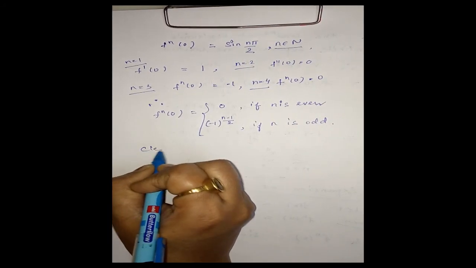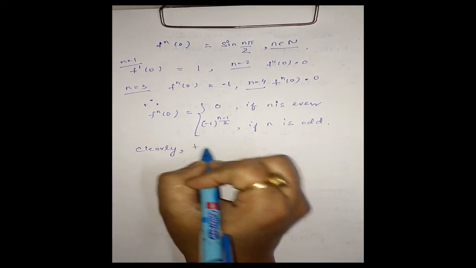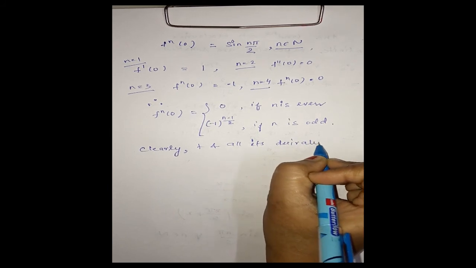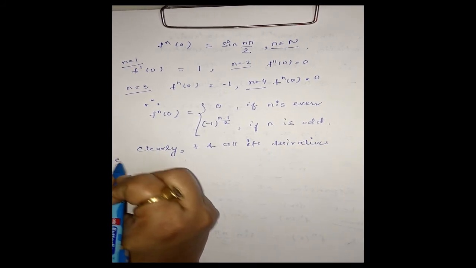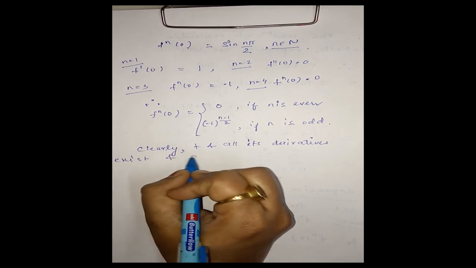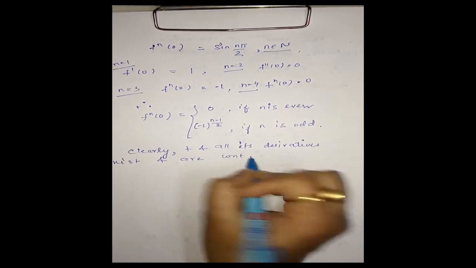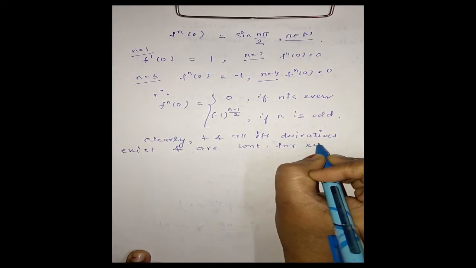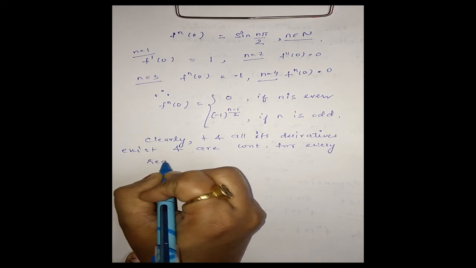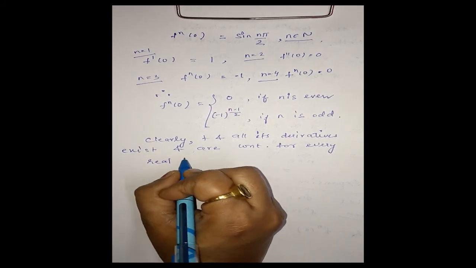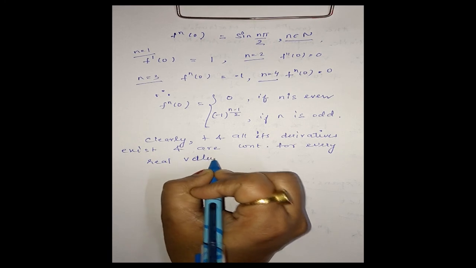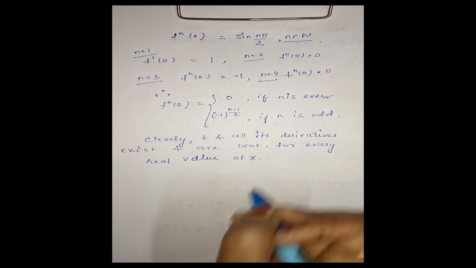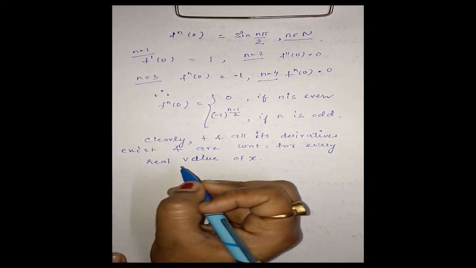Now clearly f and all its derivatives exist and are continuous for every real value of x. Now the second condition is we have to show the remainder tends to 0.